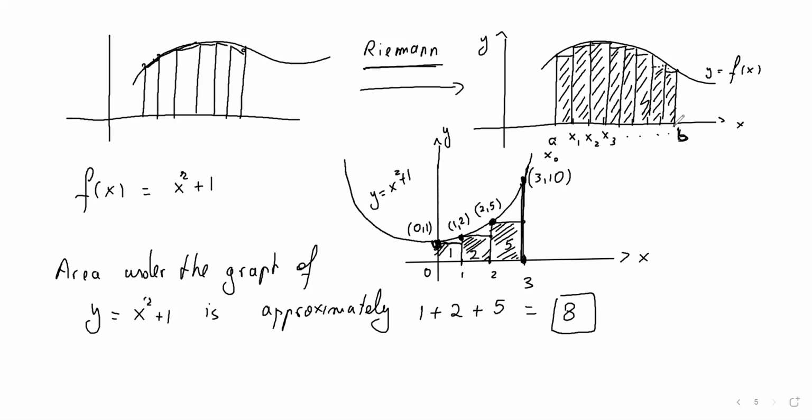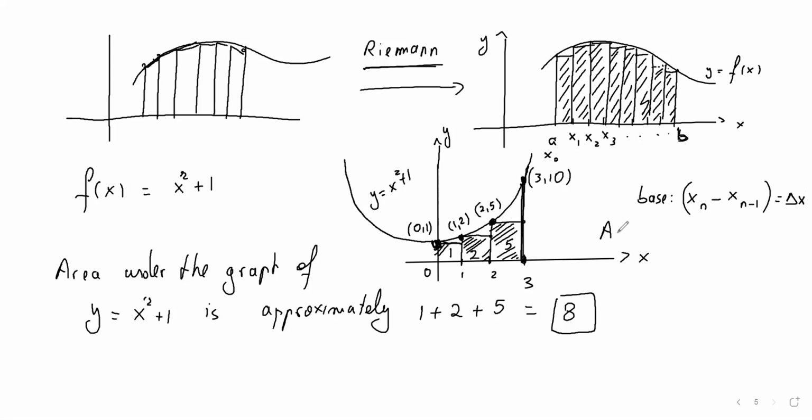And you can write the bases of these rectangles: the base is x sub n minus x sub n minus 1, so the difference of two consecutive subdivision points. In the book, they also use the notation delta x for these subdivisions, to be the base of a rectangle.